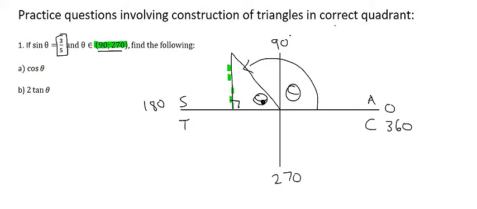Okay, so now what we do is we go fill in the values, but first we need to talk about something, because I've seen that some teachers like to use the X, Y, and R method, which is not a bad method, but it has its downfalls. And so the method I like to use is the SOHCAHTOA method. And if your teacher ever tells you that you can't, trust me, you are allowed to use it.